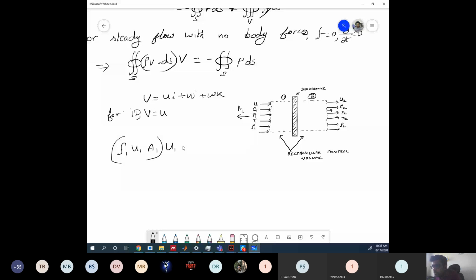Plus, obviously on the other side we have to add it too: rho 2 u2 A2 into u2 is equal to minus. This P and A are both in opposite direction, right? So that means P1 A1 and P2 A2. Again we will have minus P2 A2, right?